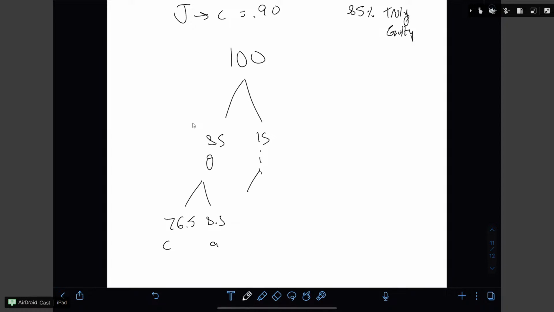And then we have to do the same thing over here. 15 times 0.9 is 13.5. And 15 times 0.1 is 1.5, or however you want to write it. Acquitted and convicted. So that's how we get that. I'm going to go ahead and get the iPad out of here real quick.